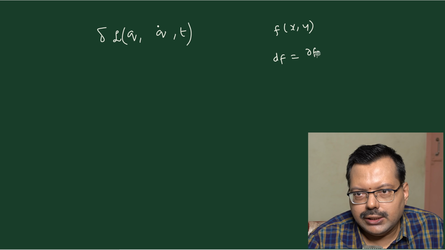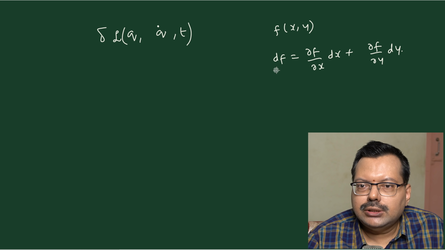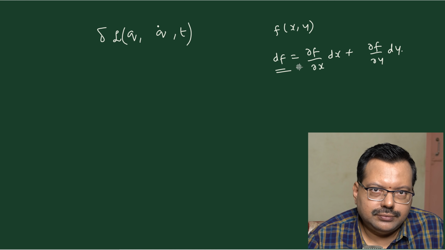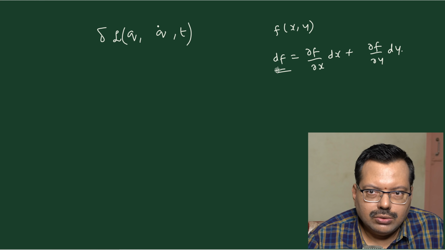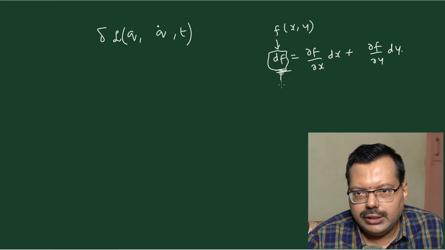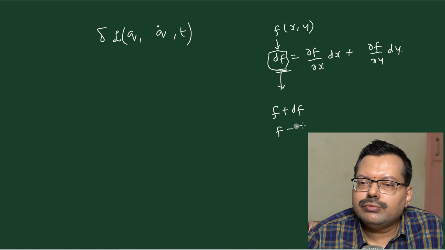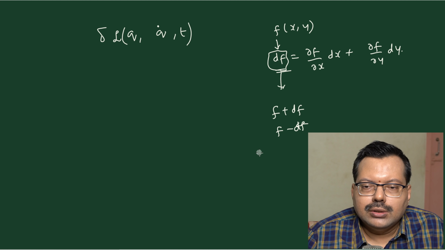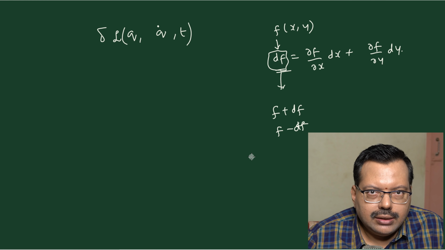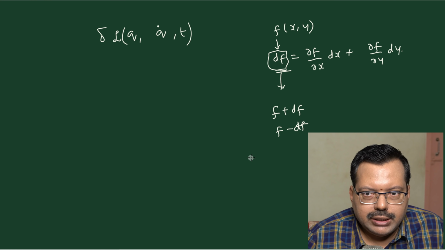Then we can always write df equals dou f by dou x dx plus dou f by dou y dy. This quantity is what we call variation. f can be varied like this. The meaning of this df is that you can either achieve f plus df or you can go for f minus df. That is, f is allowed to vary this side or that side a little bit.